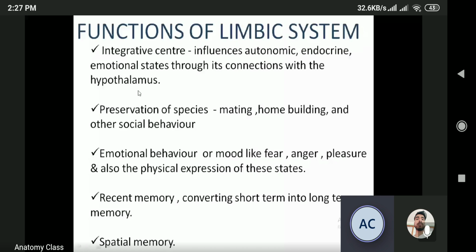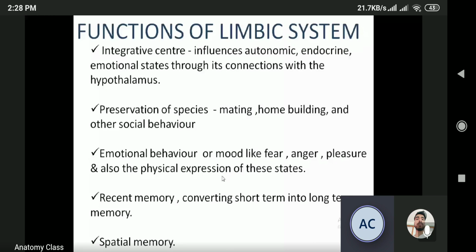Then preservation of species, like the act of mating, home building, or social behaviors, are also controlled by the limbic system. Emotional behavior, like different moods such as fear, anger, pleasure, and also the physical expression of these states, including facial expression, is also done through the limbic system.